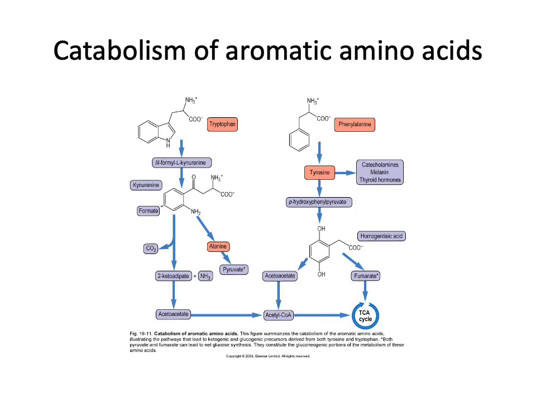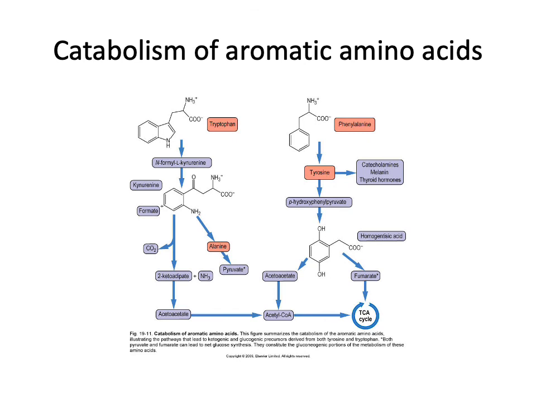So tryptophan and phenylalanine are the most complicated amino acids, so you might imagine they are the most complicated to break down. So this shows the pathway for both of those.